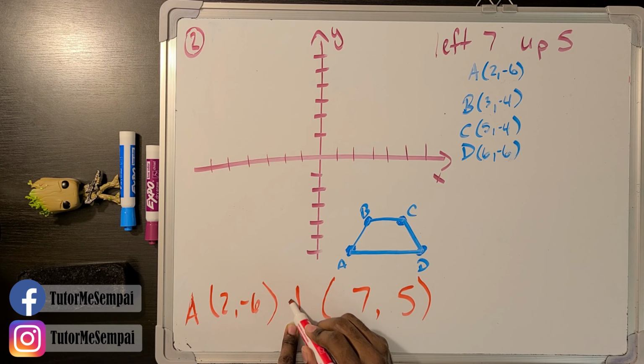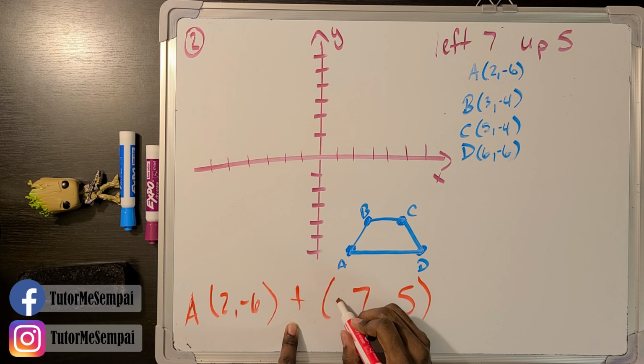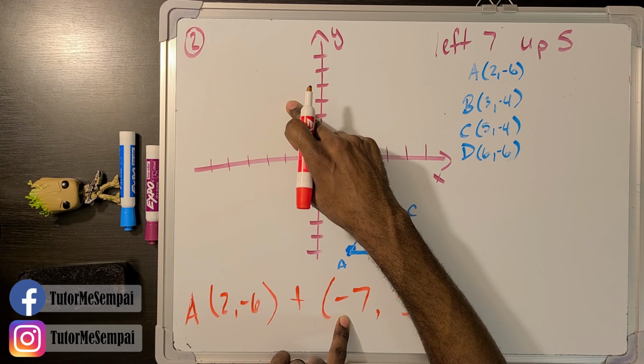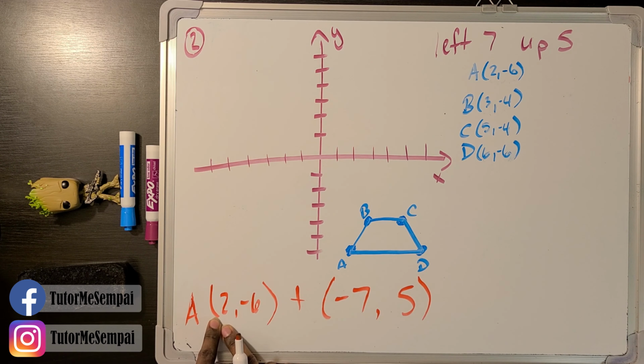So we're going to add a negative here. Now, why did I do that? Well, we need to go to the left 7, right? So that means 2 has to subtract 7. However, we need to go up 5. That means we need this 5 to pretty much make this a little less negative. So that's why this can't have a negative.